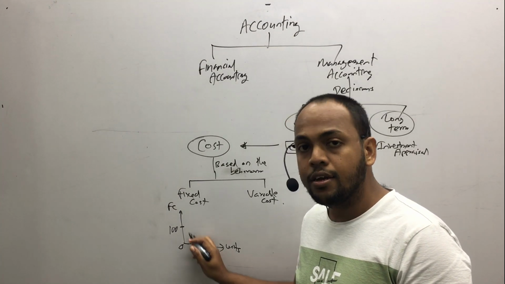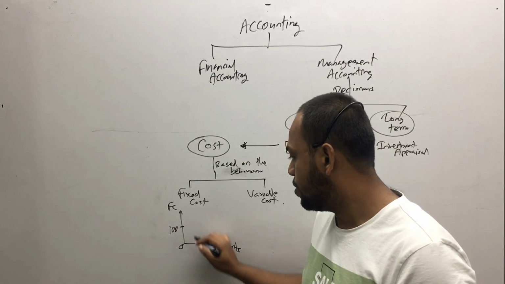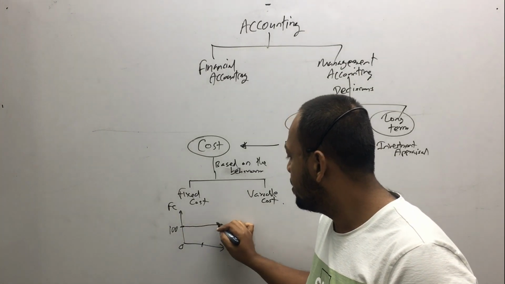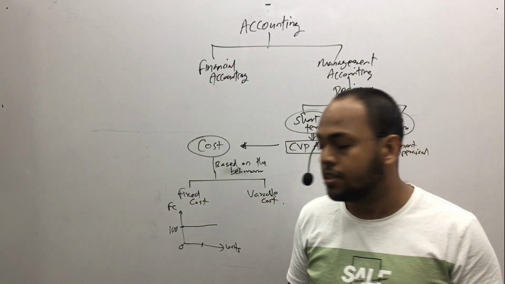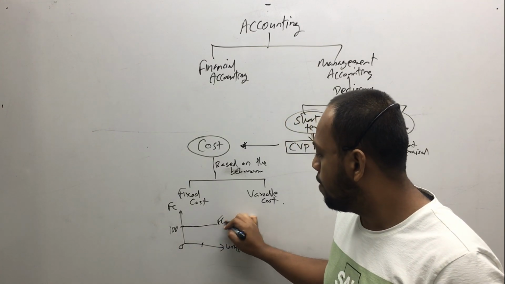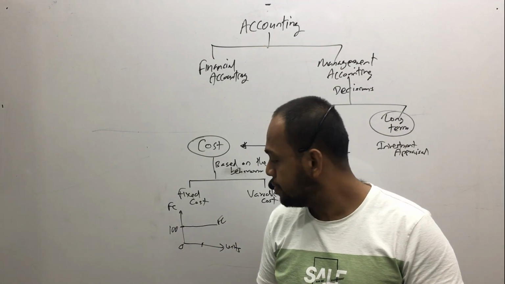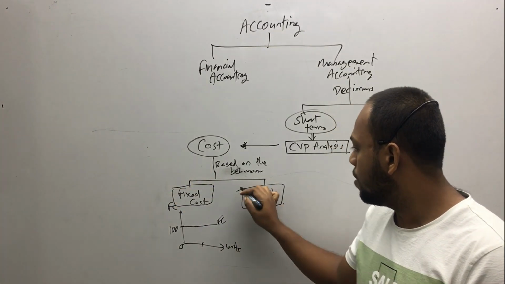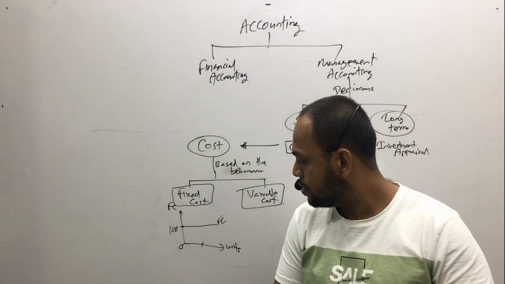Number of units 1, fixed cost will be 100,000. Even if this is 1,000, this will be the same. It doesn't change with the number of units. So we call it fixed cost. Then we have variable cost. What is variable cost?